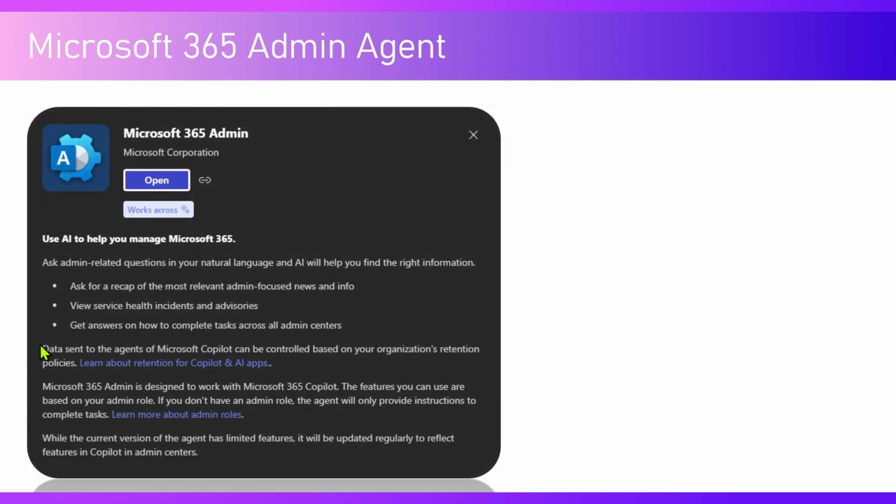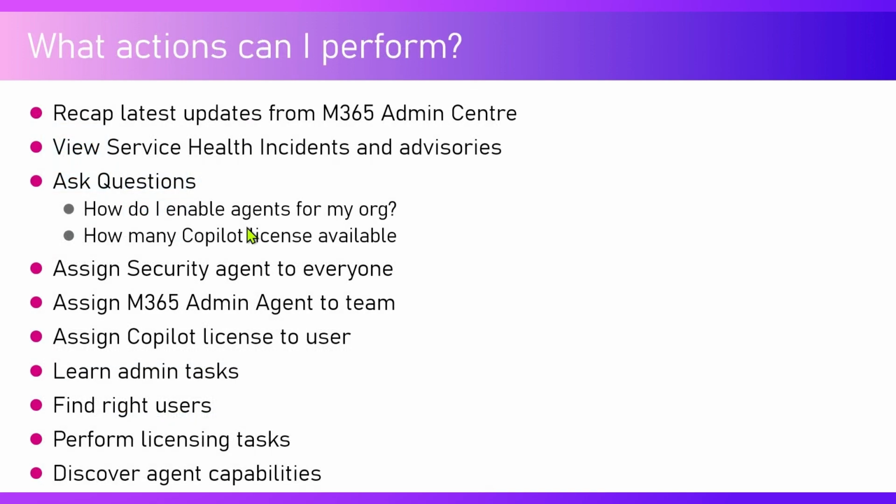This is how the interface looks when you first navigate to the application after installing it. Now I can see this open button. Initially, when you start with this particular agent, you will be asked to install or add this agent within your tenant. Once you do that, you'll see an open button, and from that point onwards, you'll be able to perform various actions.